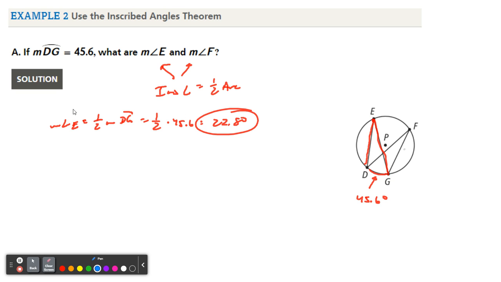If we take a look at F and trace it, it also intercepts the same exact arc. The measure of angle F is also going to be half of the measure of arc DG, which is 22.8 degrees as well. So in this picture, angle E and angle F are congruent because they intercept the same arc. That is going to be a corollary you see in a minute.